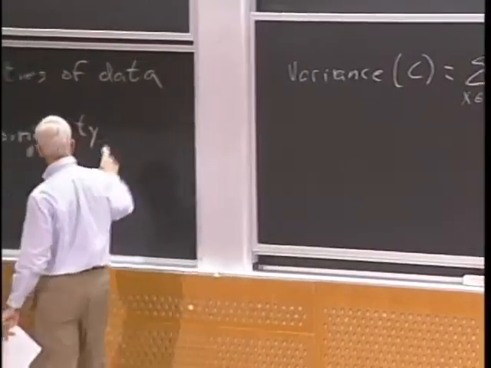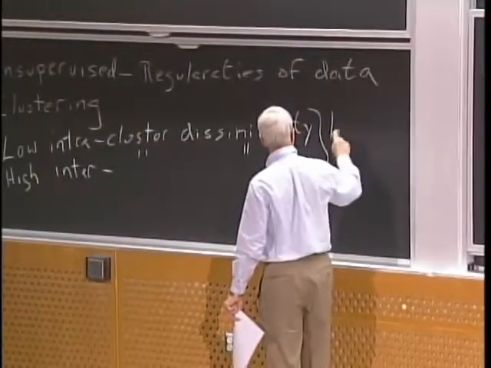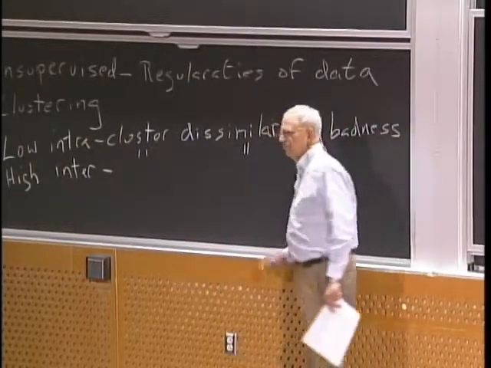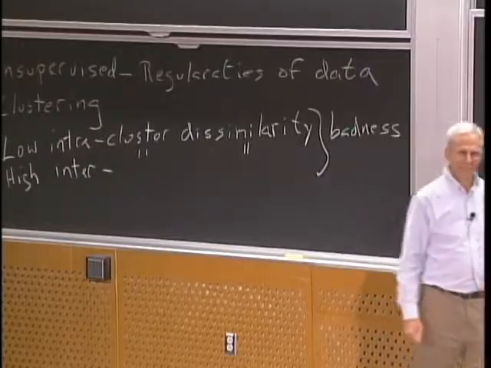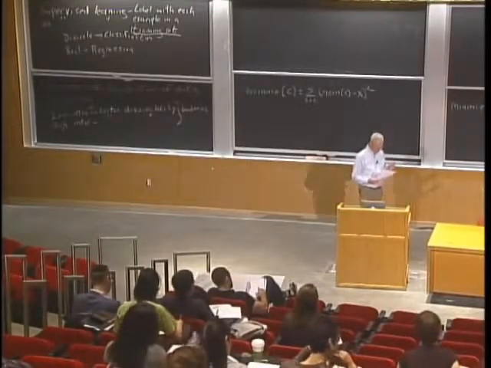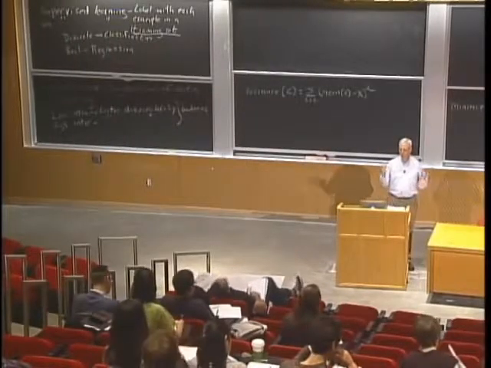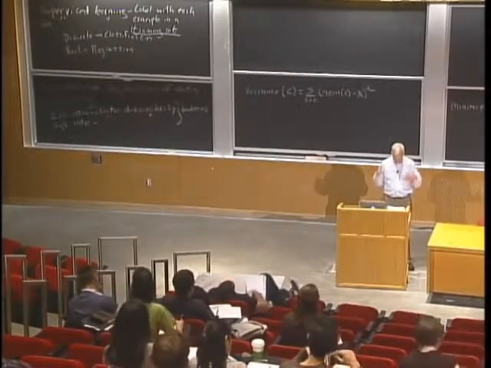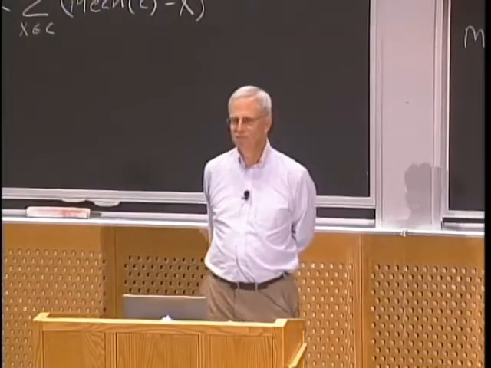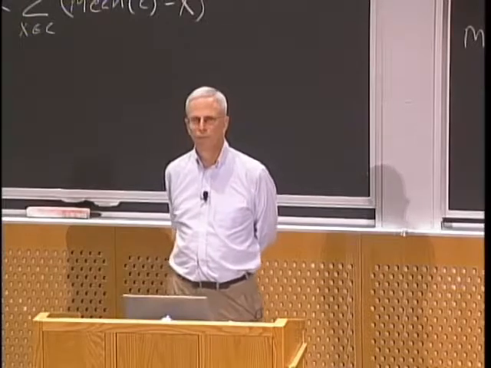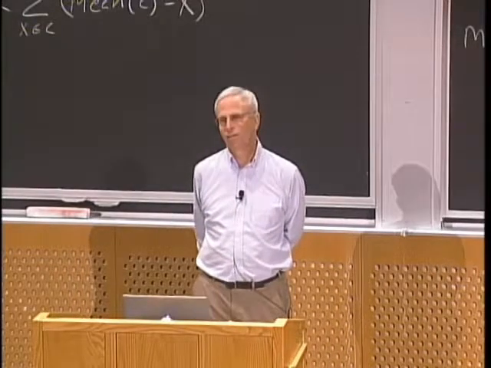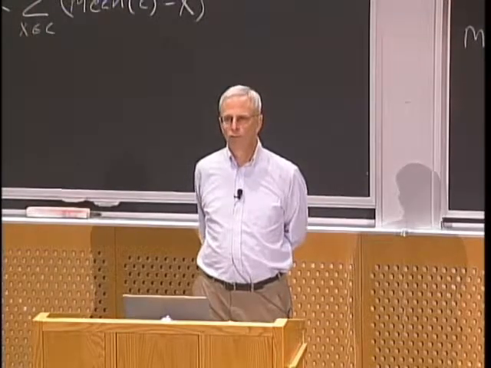So combining these two things, we could get, say, a metric we'll call badness. Not a technical word. And now I'll ask the question: is the optimization problem that we're solving in clustering finding a set of clusters, capital C, such that badness of that set of clusters is minimized? Is that a sufficient definition of the problem we're trying to solve?